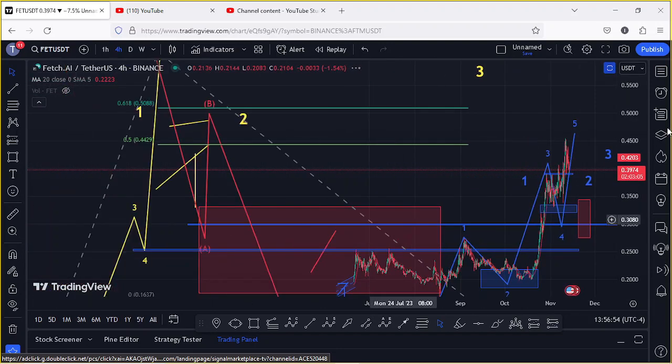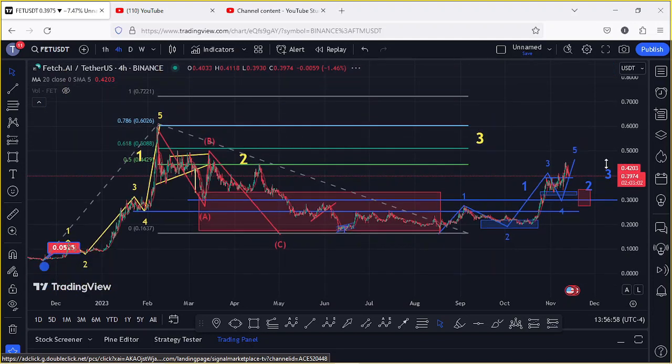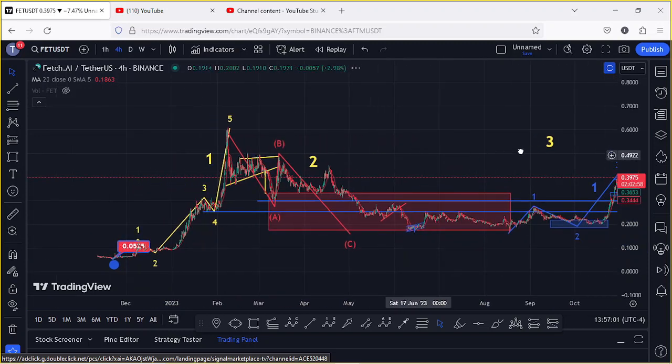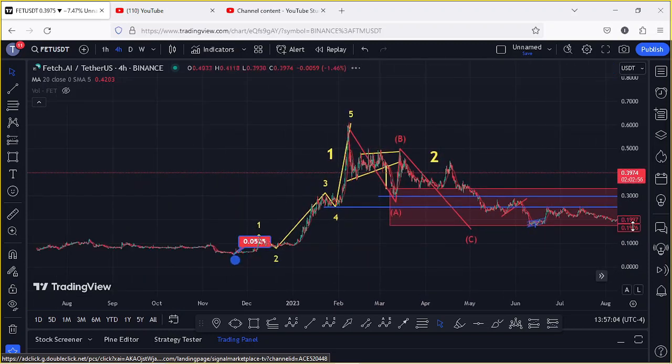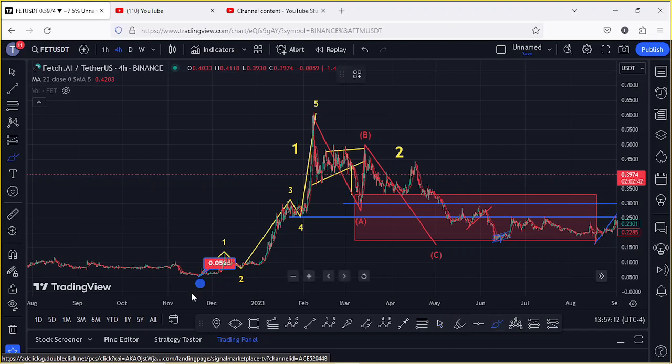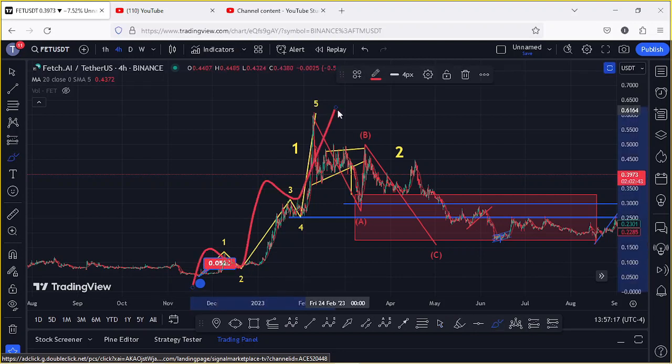And to share my long-term Elliott wave analysis that I'm expecting to play out once the bull market is here, if I zoom out on the charts, you can see that last year we got our low at around the $0.0525 mark before we produced a 5-wave structure over here, giving us a high above the $0.61 mark, completing the formation of this Elliott wave count 1 to the upper side.